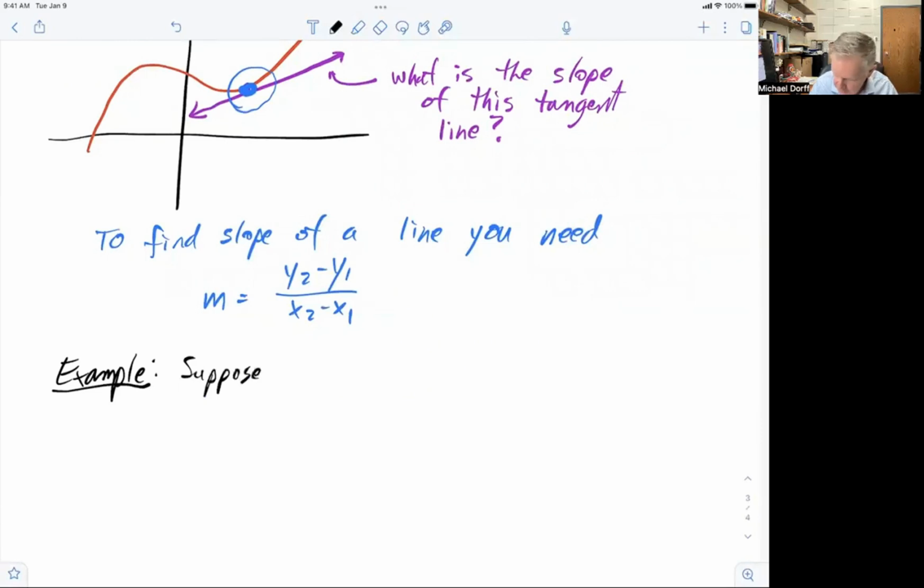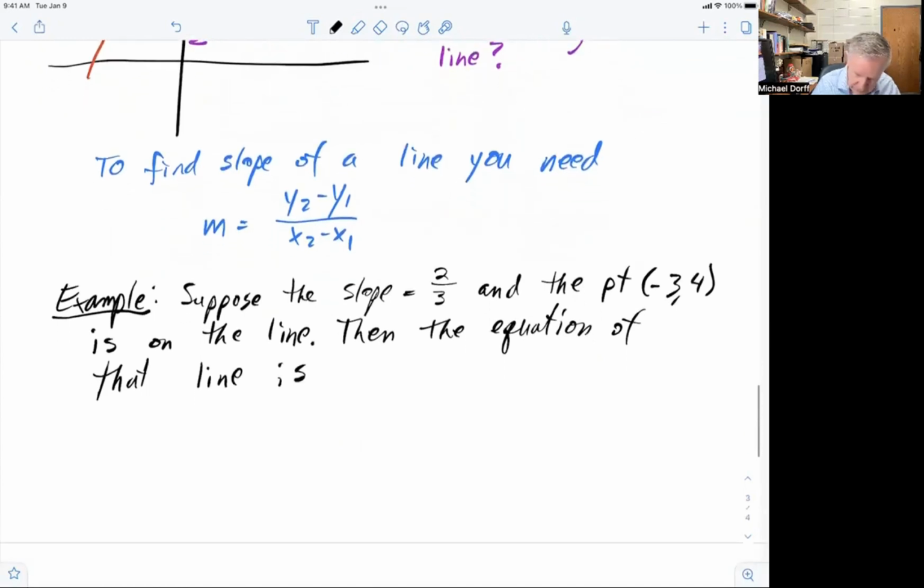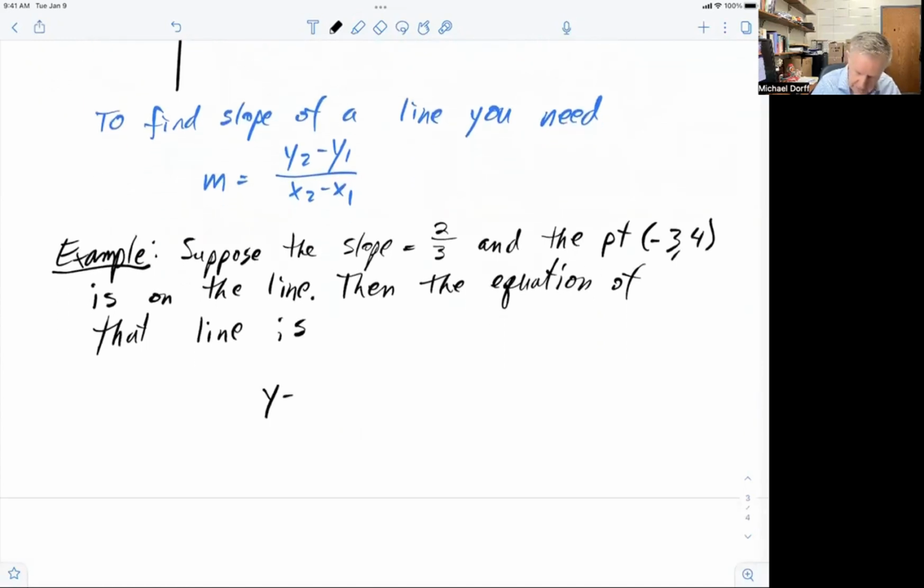Before calculus, suppose the slope of some line is 2/3, and you have the point negative 3, 4 on the line. Then the equation of that line is where you use y minus y naught equals the slope times x minus x naught.